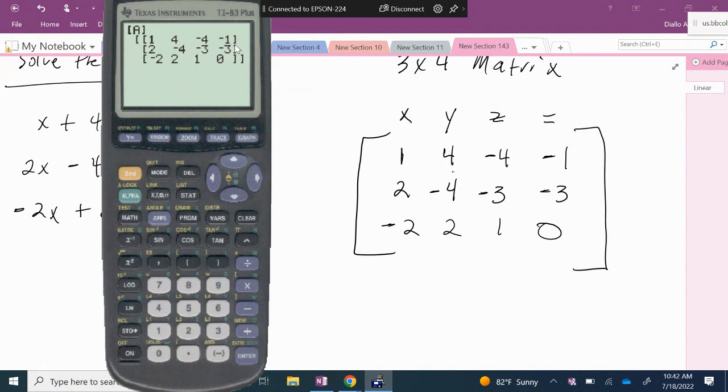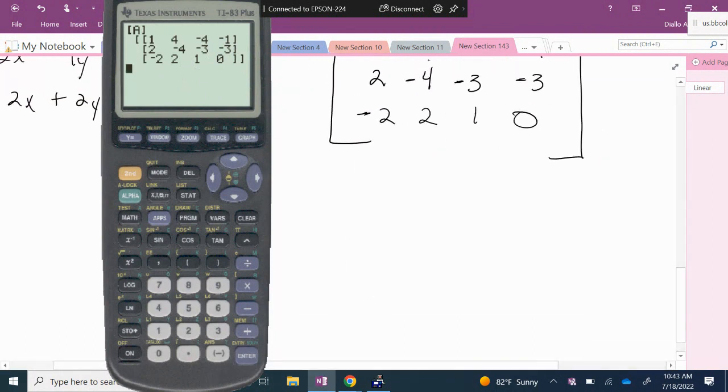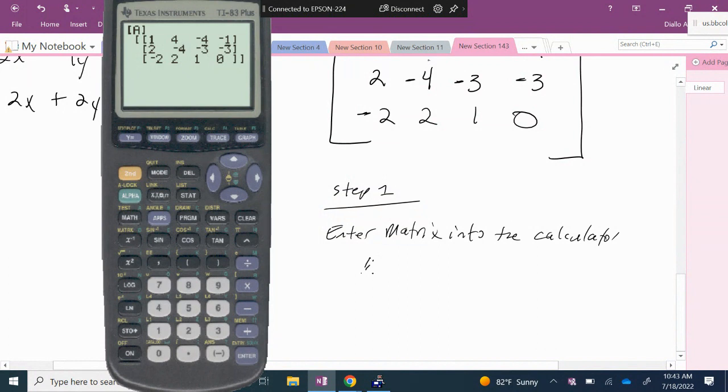All right, so once you enter the matrix into the calculator, I use the matrix key.